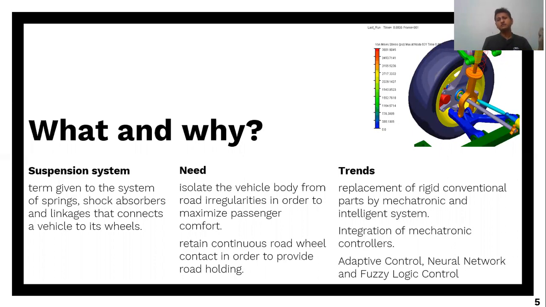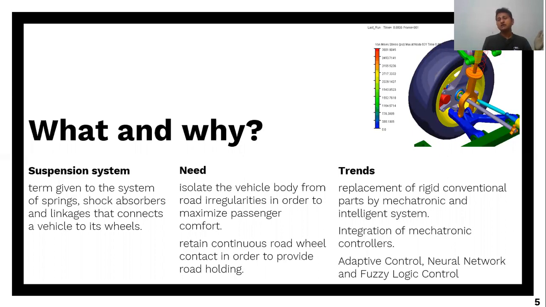But now we are trying to reduce this rigidity and make the system flexible. Flexible means flexible as per the working atmosphere or working conditions. So we are going to replace the rigid conventional part with mechatronics and intelligent systems.